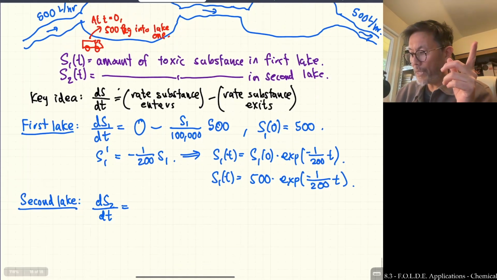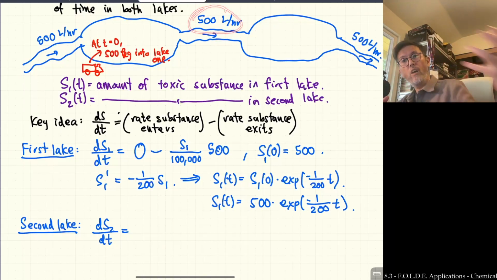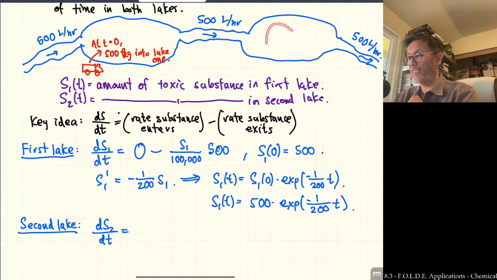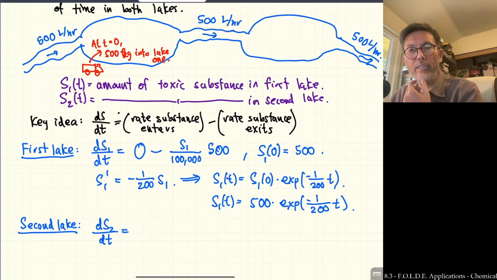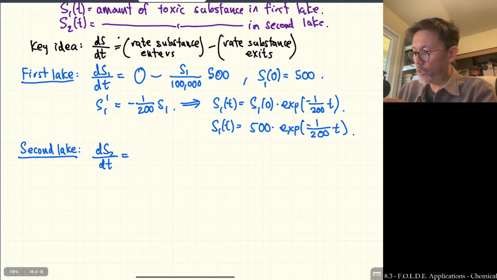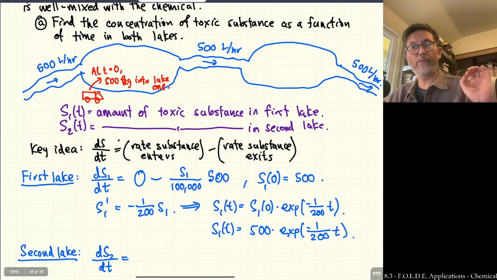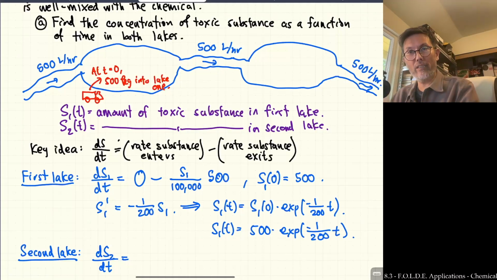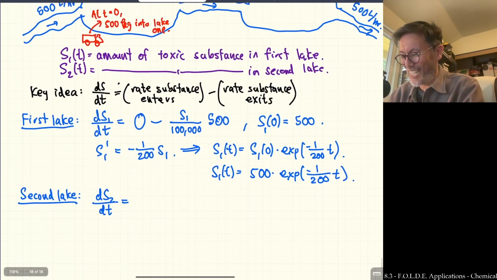So what is the rate at which substance is entering the second lake? Well, that's going to be the concentration of toxic substance in the first lake times the volume of that water that's going into the second lake. And the volume of the water that's going into the second lake is 500 liters per hour. So we should first write the concentration. The concentration is going to be however much toxic substance is in that first lake, which we gave a name to, S1 of T, right?